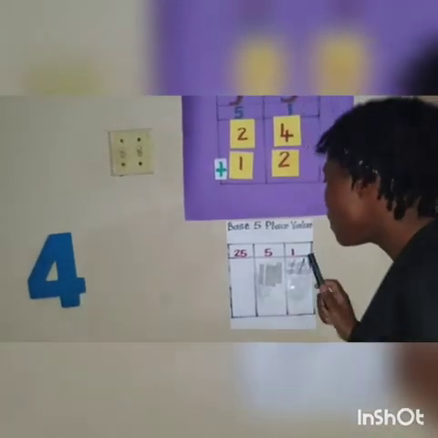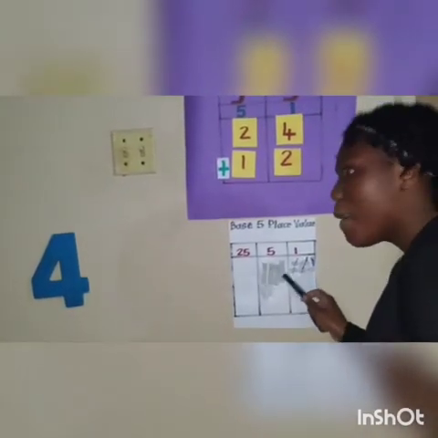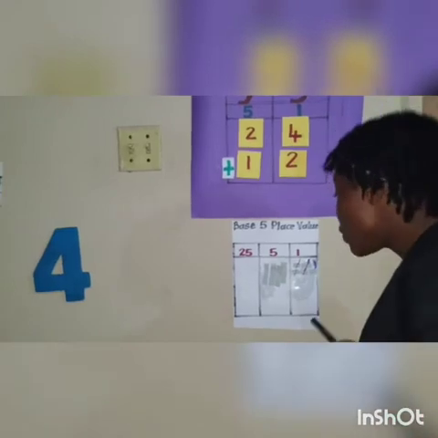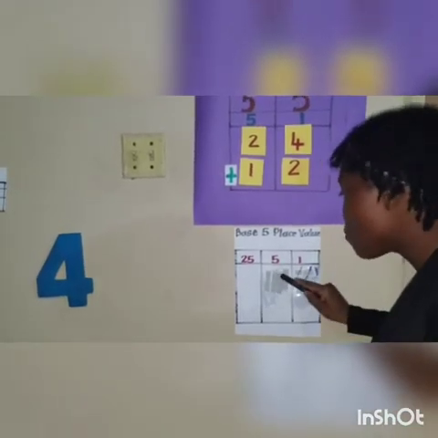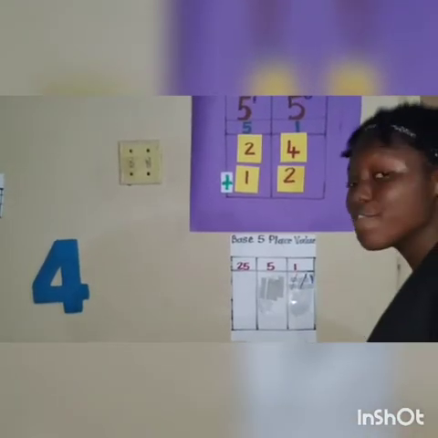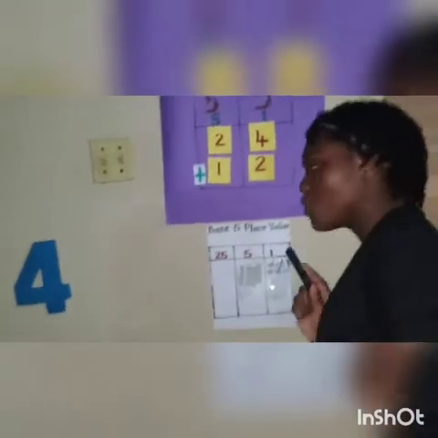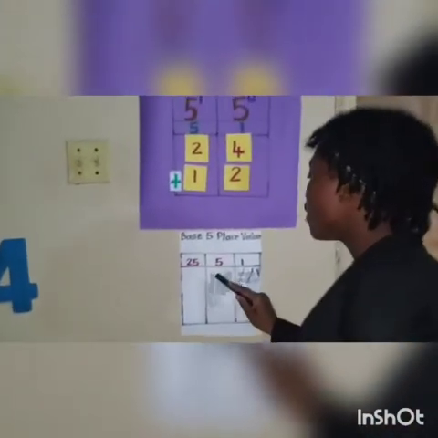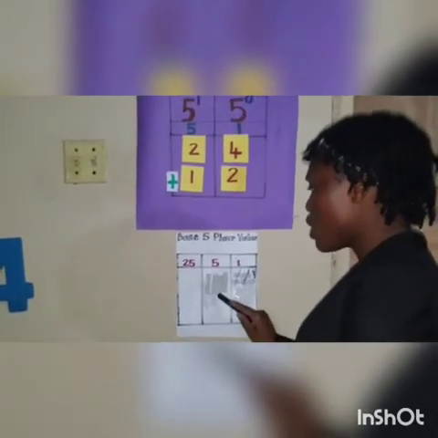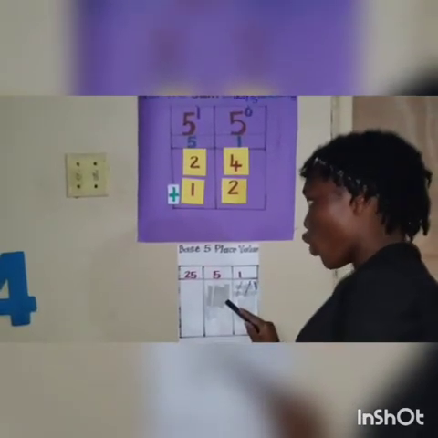And now because we have 3 plus another 1, because we took that 1 from the ones column and brought it into the 5 column, now we have 4. Let us count them together. 1, 2, 3, 4.